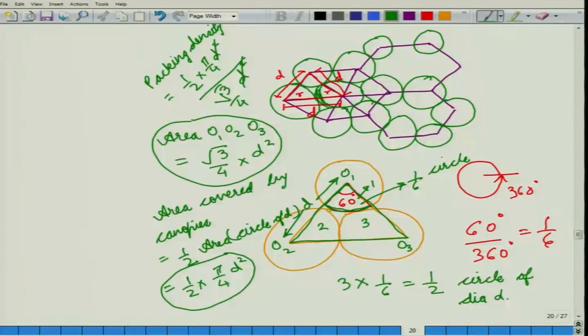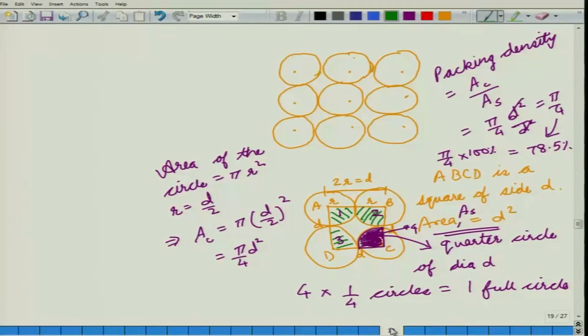D square and d square get cancelled out, 4 and 4 gets cancelled out, and so it becomes pi by 8 into 4 by root 3, or when expressed in percentage terms, it becomes 90.6%.